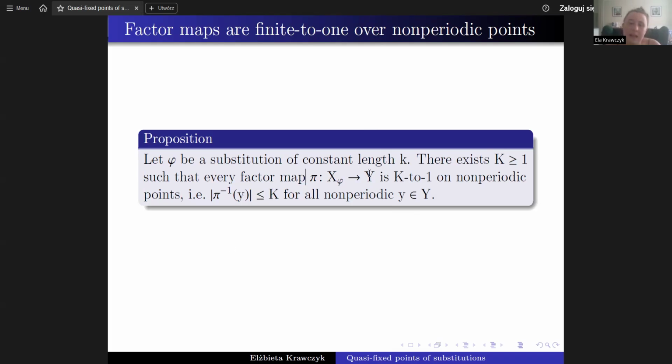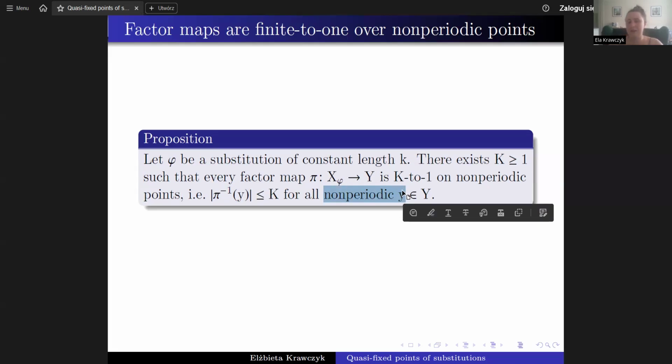So it means that the fibers over non-periodic points in Y have cardinality at most K.